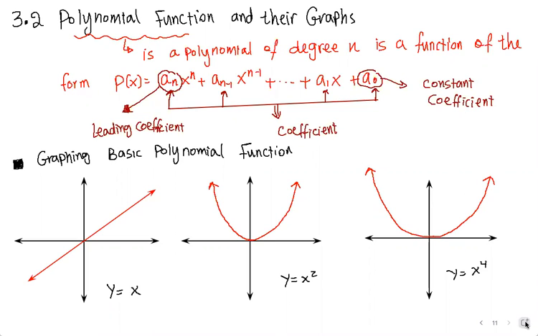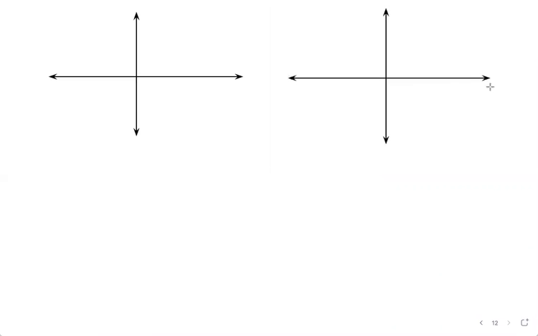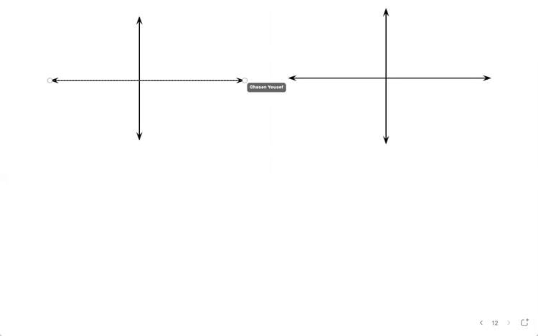What about y equal x to the 3, the odd number? The graph for the odd number would be something like that. This is y equal x to the power 3, and this is y equal x to the power 5.